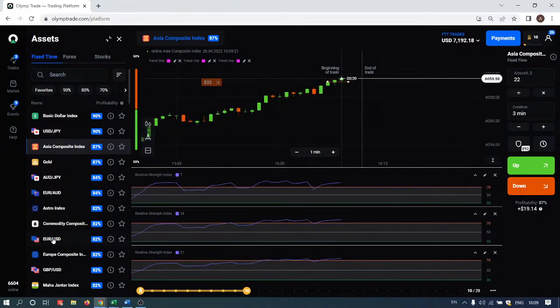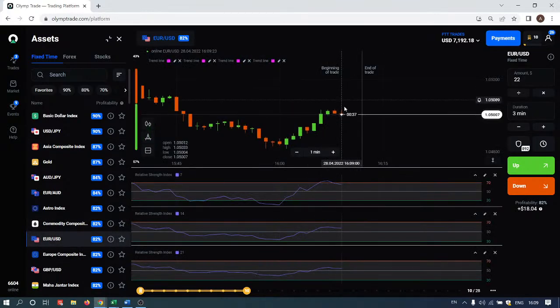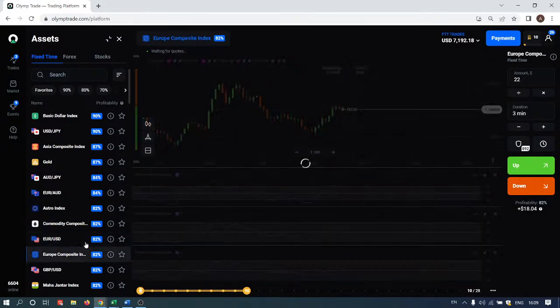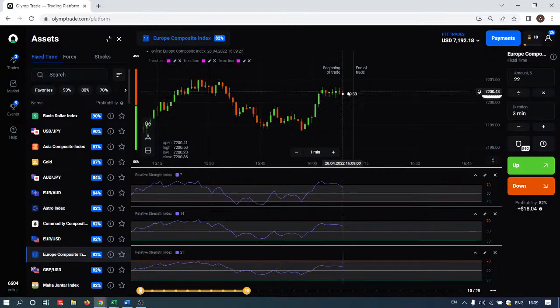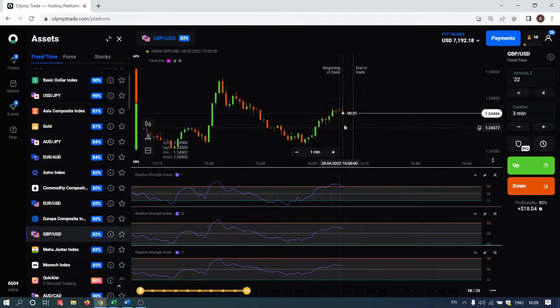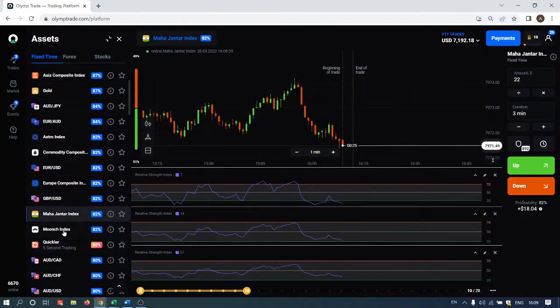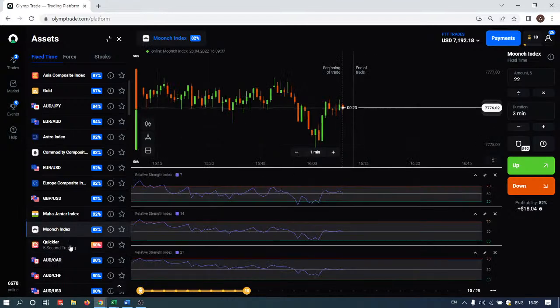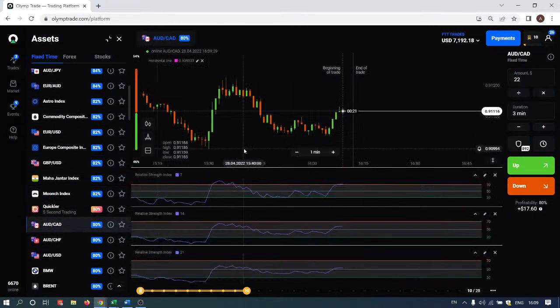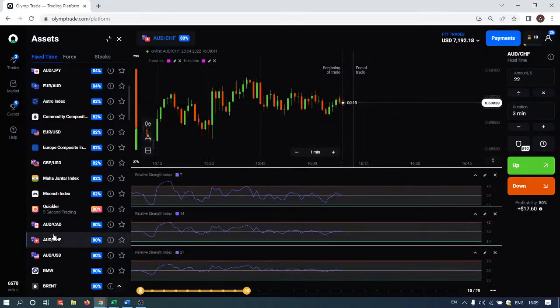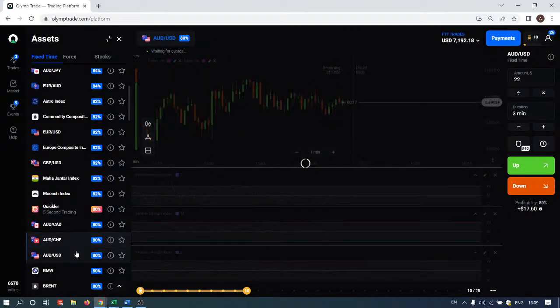I have this trade already, just wanted to look at how things are going there. Another index is called Mahajantar and an index called Mooch. So nothing here. We can go ahead and scan for more setups.